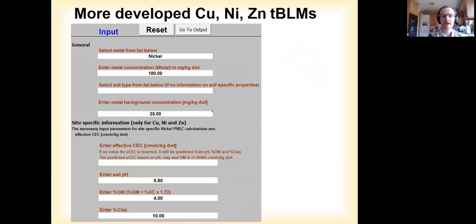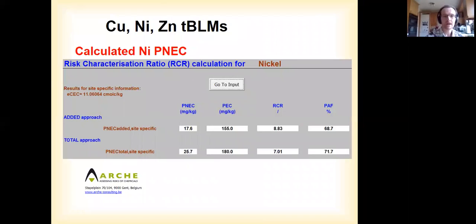So if you have that data for the soil that you're trying to examine, you can plug that into the BLM, and it will calculate for you, again, a PNEC for nickel, and it will give you a risk ratio. So in this scenario, you can see that the risk ratio, the RCR in column 3, is much greater than 1. So here we would see that we have a potential toxicity problem.